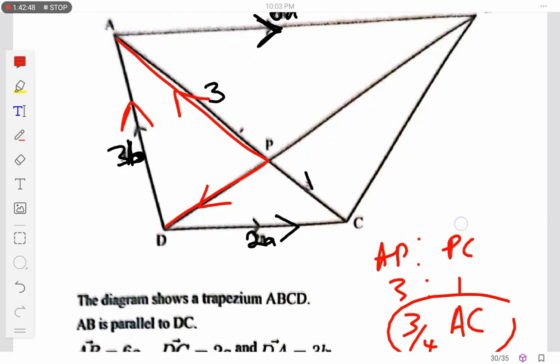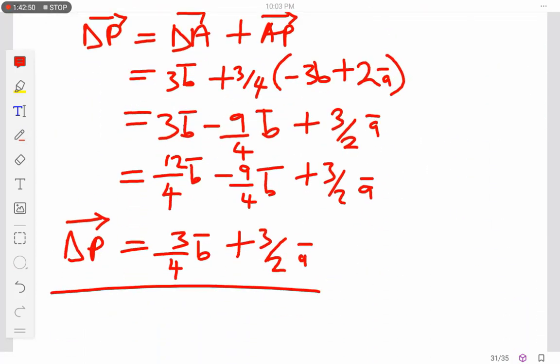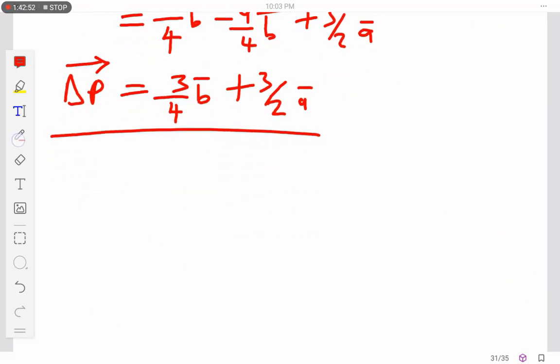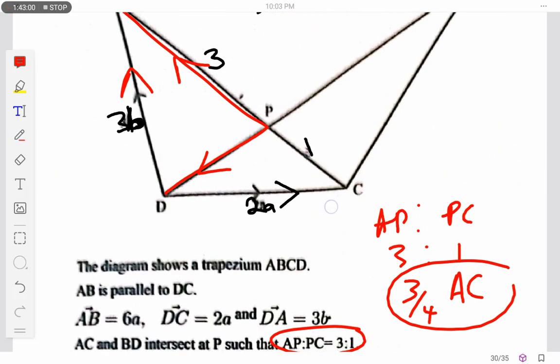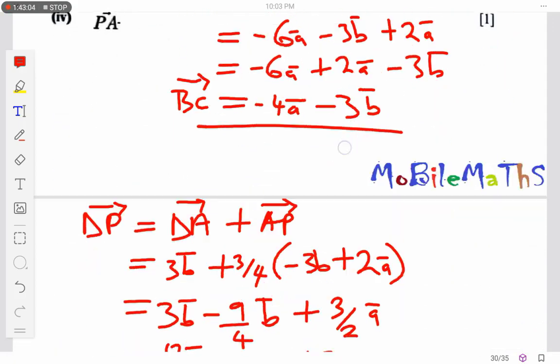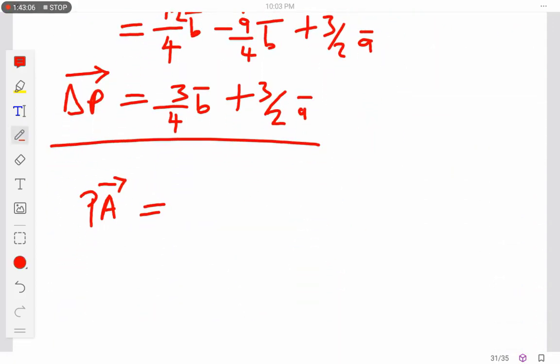Okay, so let's do that. We are looking for PA. So PA is going to be equal to, what did we say here? DP we just calculated, so it's minus all of this, 3 over 4b plus 3 over 2a like that.